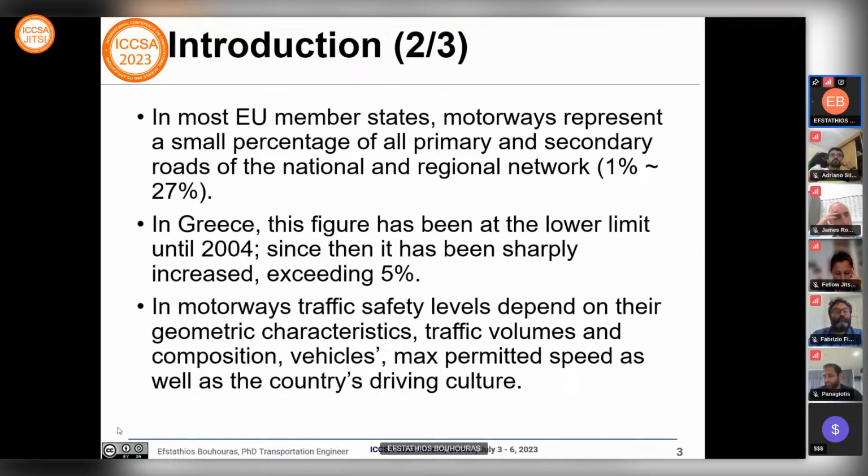As I said, the road safety level of motorways depends on the geometric characteristics, the traffic volumes, the composition of traffic, vehicles' maximum permitted speed, and many other parameters. Yet, because we use specific values for vertical and horizontal alignments, motorways tend to be safer for users.